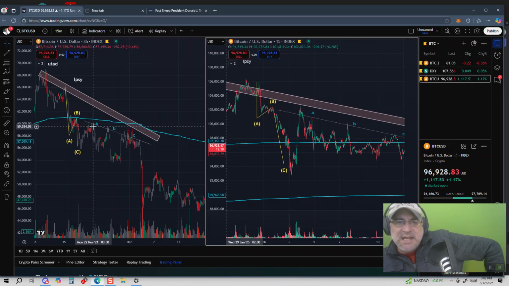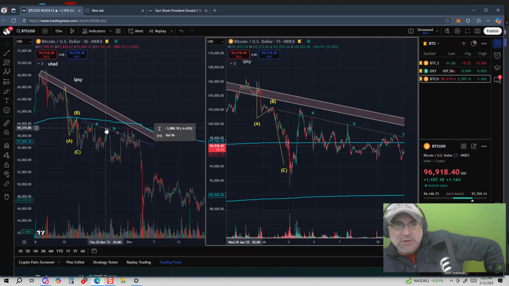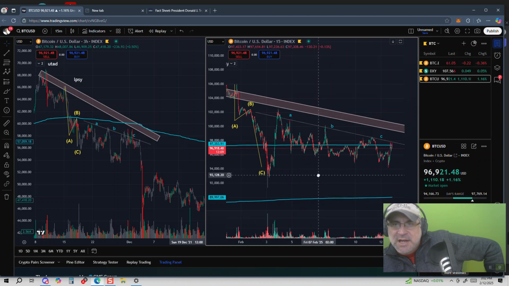I went ahead and labeled each feature here as ABC. At the top of this, we're going to call this the micro trend resistance. So we have a micro trend resistance and a macro trend. For each top where the price action has hit the micro trend, I just labeled A, B, and C.